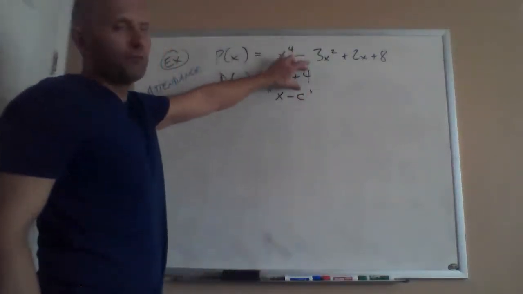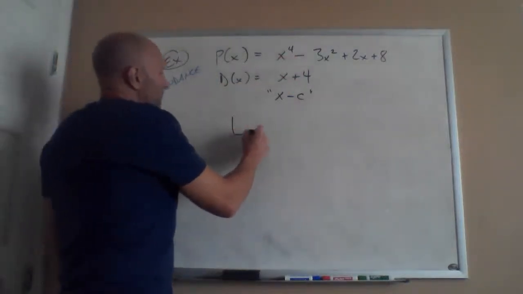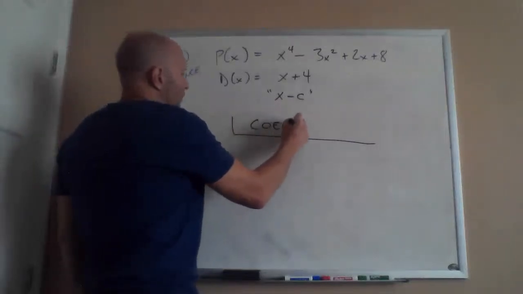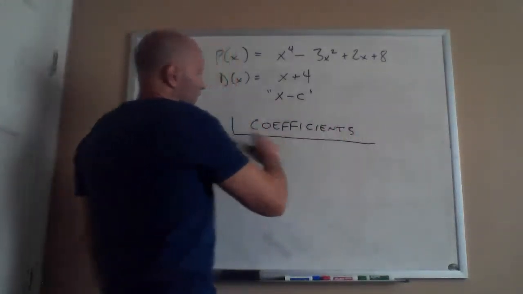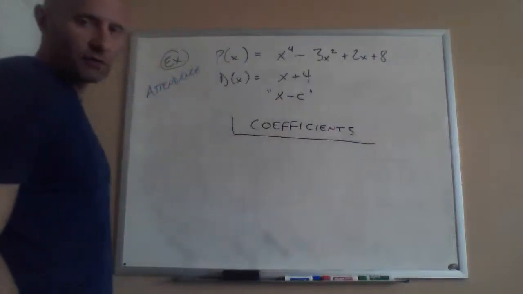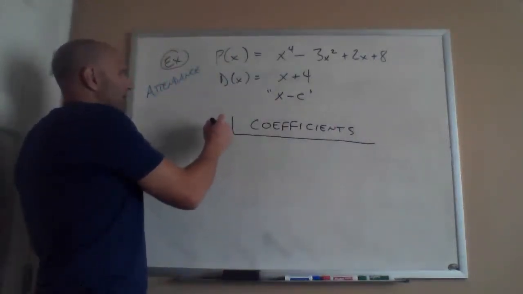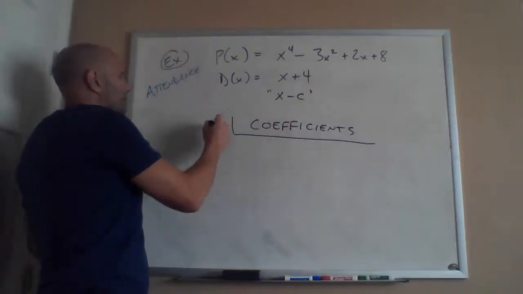X is by itself and just some constant. When we do synthetic division, we're going to have the coefficients in our sort of upside down division symbol here. And on the outside here is going to be our value of c.